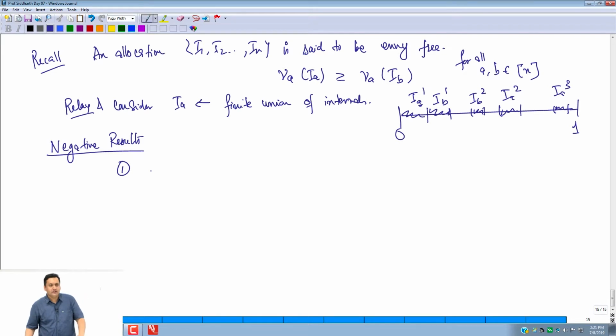The first negative result is somewhat technical and will require some constructs to be cleared, something called rigid measure systems. It can be done, but it will be a bit intricate for the purposes of these lectures. So I'll just state the result, explain it, and happily move on for both of us.